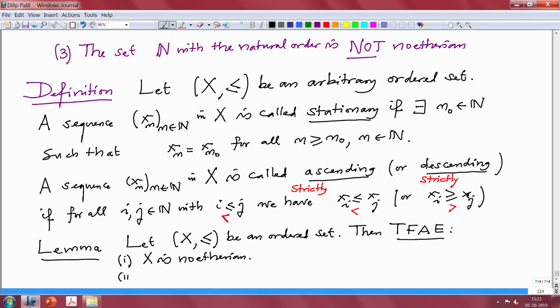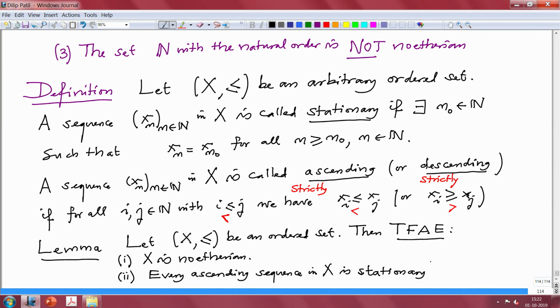And 2, every ascending sequence in X is stationary. So, if you want to check X is Noetherian, you just have to check that every ascending chain is stationary.